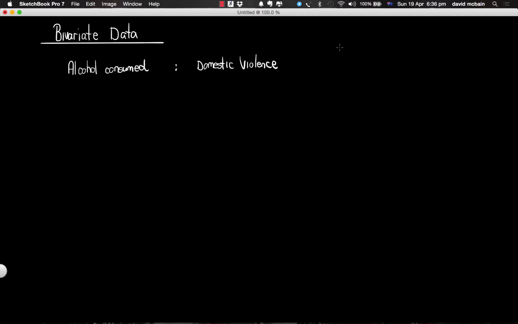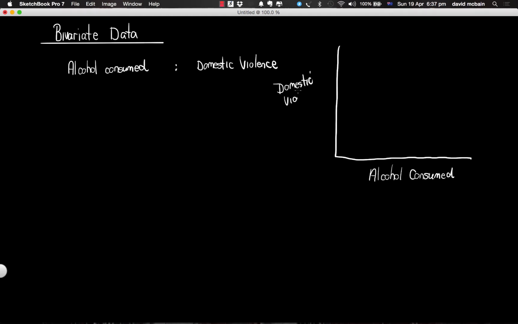And so what we might do, we might end up with a graph that looks like this. We would have alcohol consumed here, and the incidence of domestic violence along here. And by graphing this data, we might get something that looks like this. I'm just making it up.